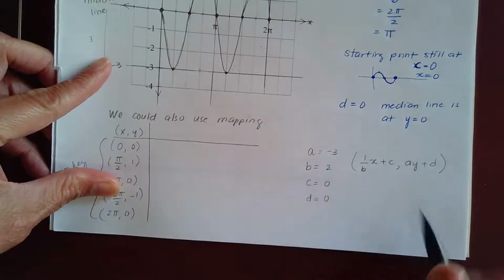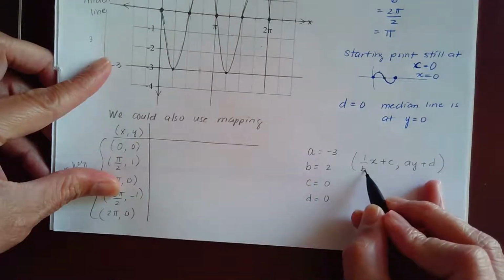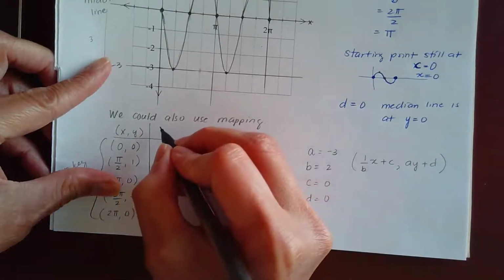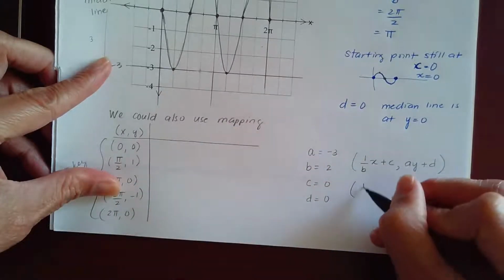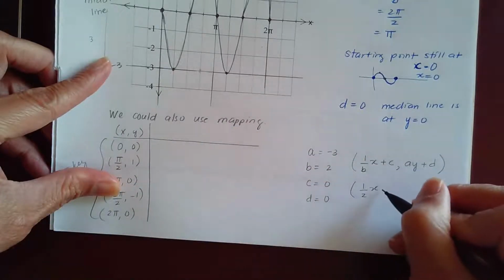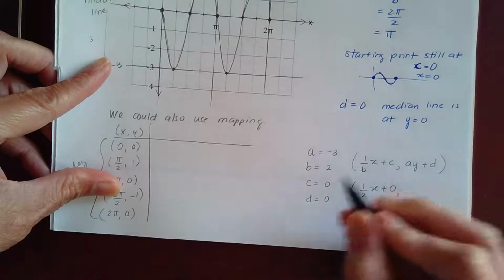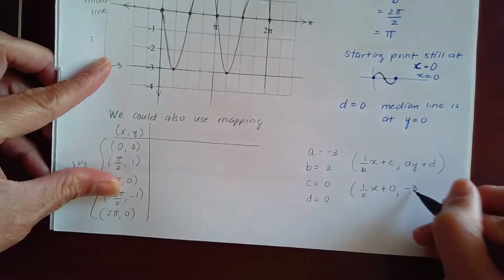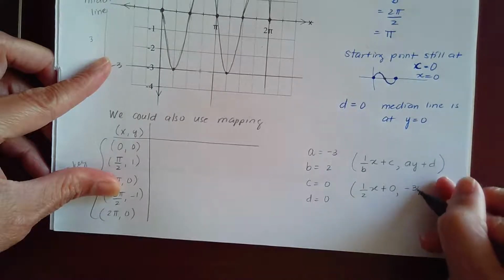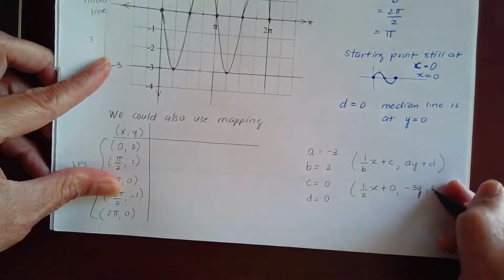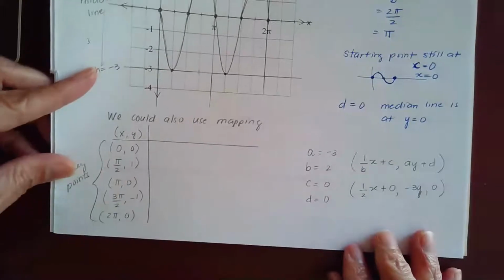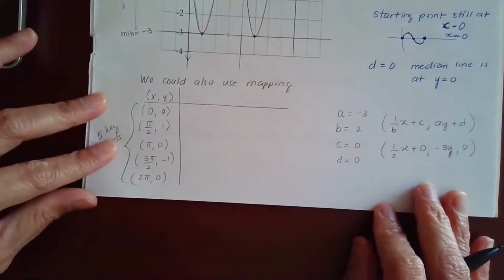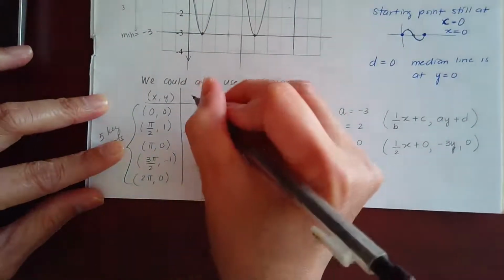In this case, B is 2, so I'll write that over here: 1 half X plus 0, comma, A is negative 3 times Y plus 0. Okay, so let's try to do the mapping here.